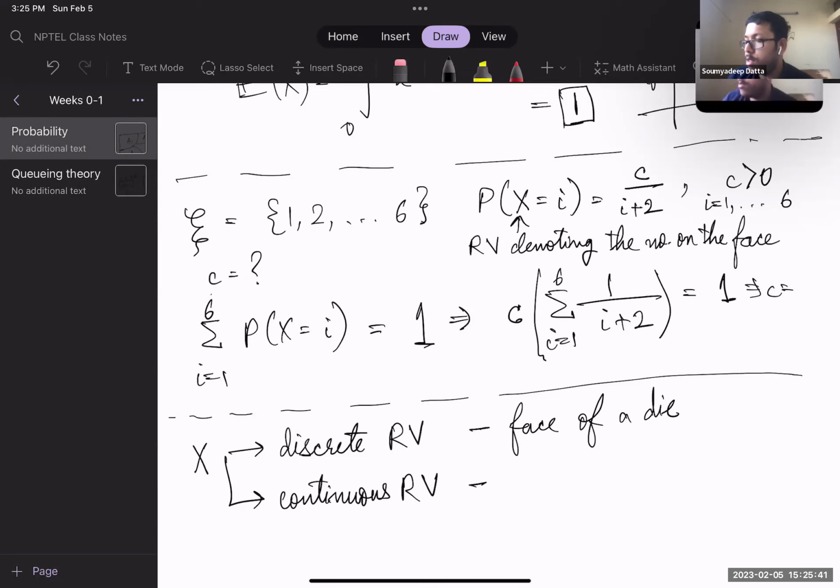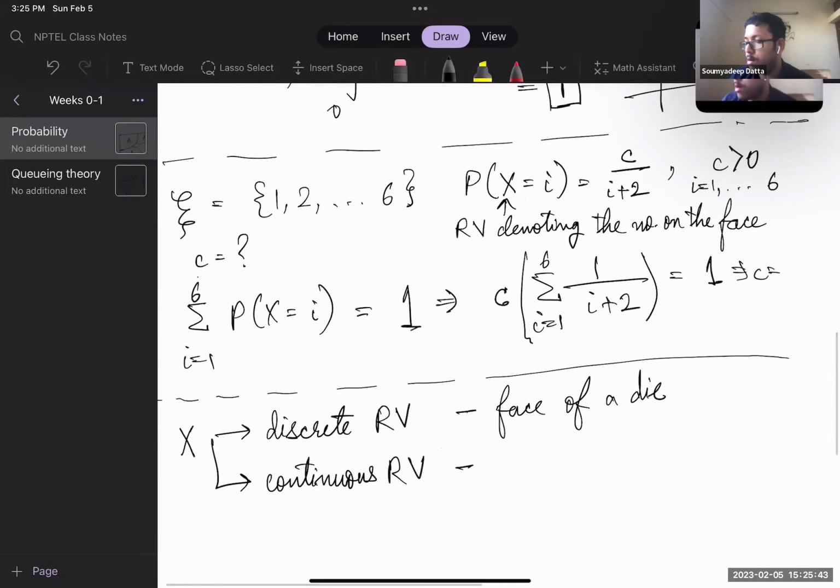Continuous random variables, on the other hand, in real life will be depicting numbers that can take a real valued range. Let's say I come from an electrical engineering background, so let's say I'm measuring the voltage of some circuit element, and then I want to predict the value of voltage of that circuit element, right?